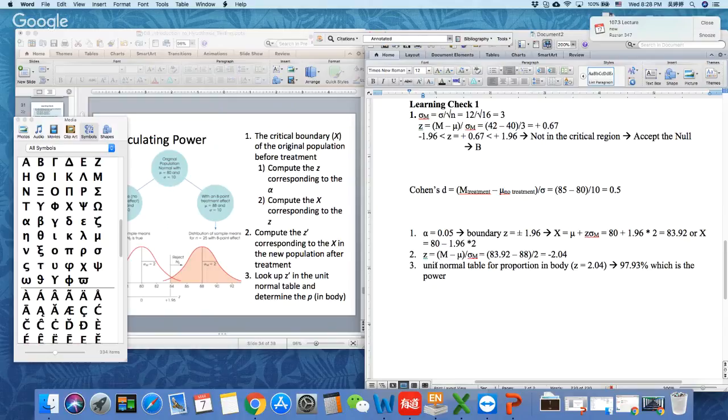And then we find our answer, right? If we know the power, we know the probability of type 2 error equals 1 minus the power, which is 1 minus, which is 1.07. And then we know the probability of type 2 error, which is beta, right?